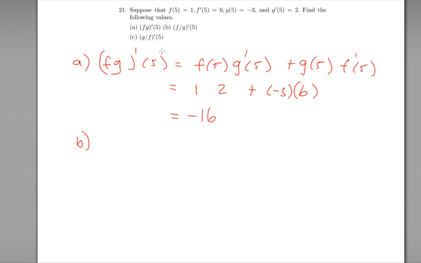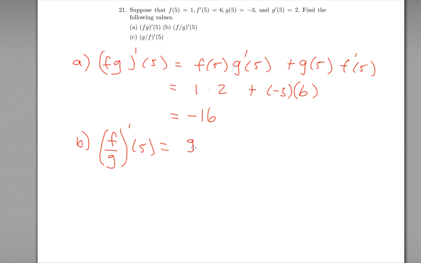B, now I want the derivative of f divided by g prime at 5. So the derivative of this kind of quotient looking thing. In this case we might as well use the quotient rule. This is where I have to remind myself what the quotient rule looks like. If I remember correctly, it is the bottom times the derivative of the top.